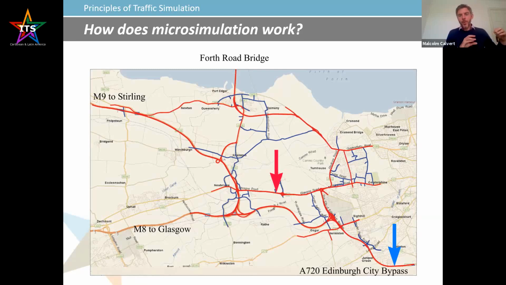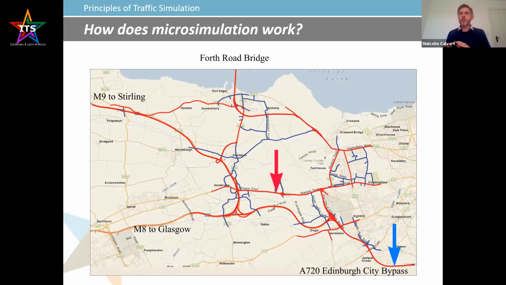And what we found was that an incident which happened where that blue arrow is on the Edinburgh City bypass would have a really significant effect where you see the red arrow, which is on a road called the A8. And so you wouldn't necessarily know that from a macroscopic model or from that kind of deterministic modeling. But what microsimulation can do is show you those cause and effect relationships.